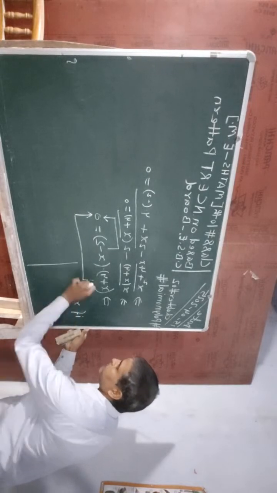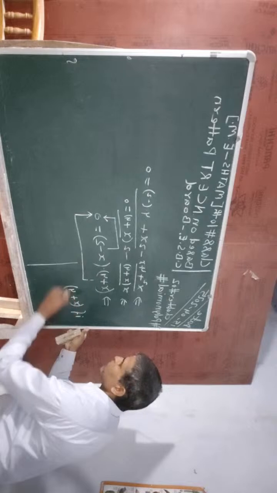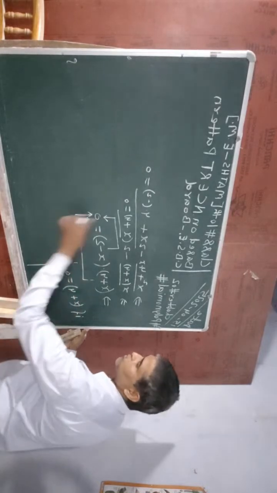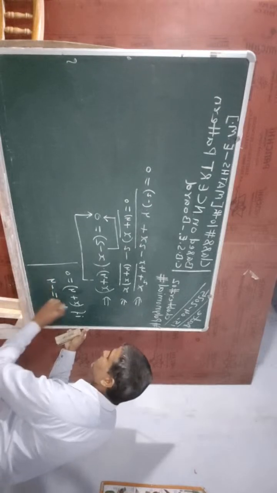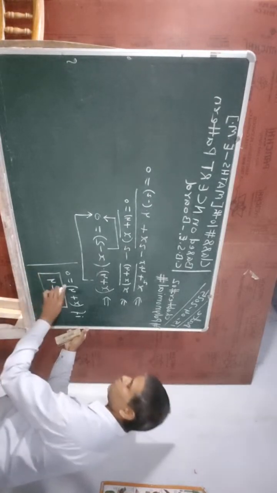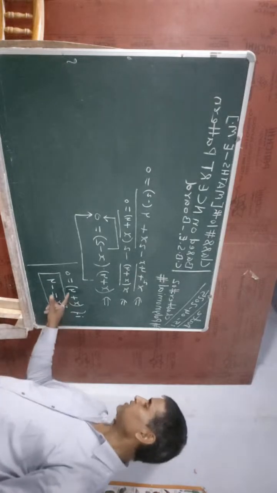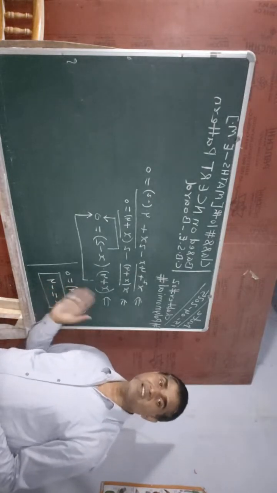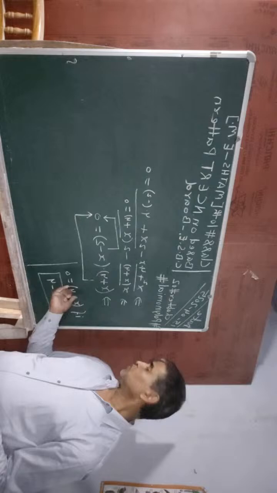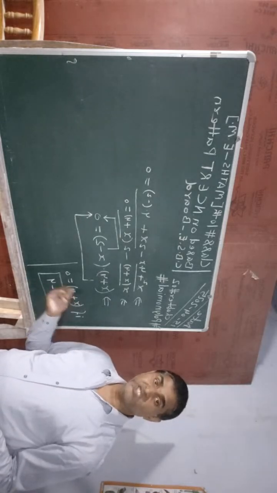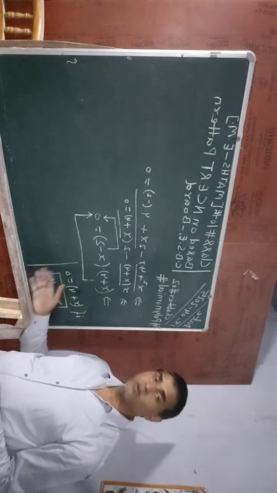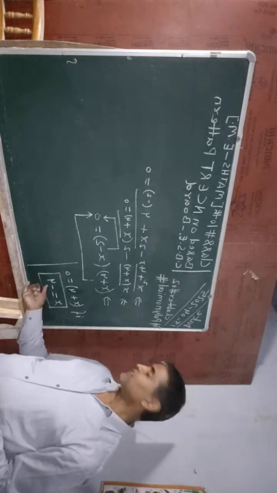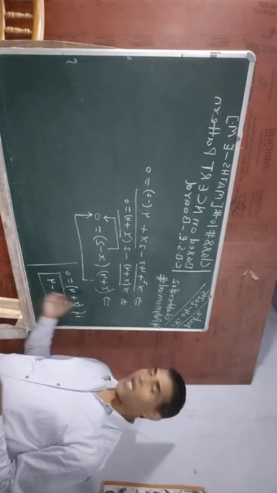If x plus 4 is equal to 0, so x is equal to, I will write, minus 4. Here students have to know one concept. If any term which is available in the left hand side goes to the right hand side, the sign of that term changes. If that term has plus, then after the equal sign that term will have minus, and vice versa.